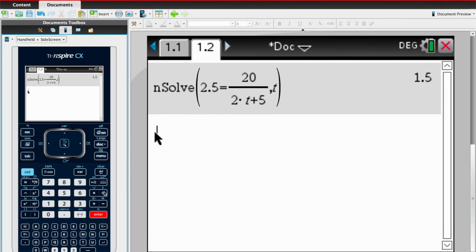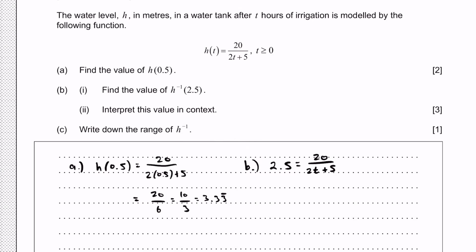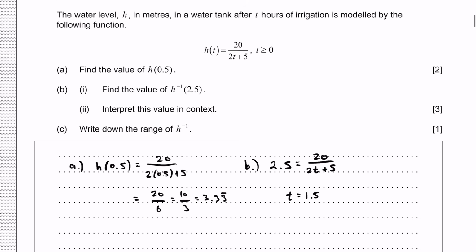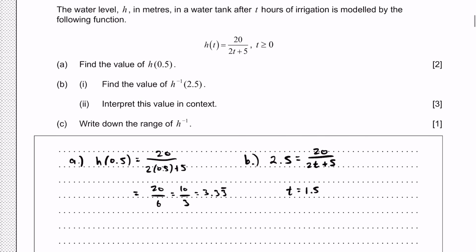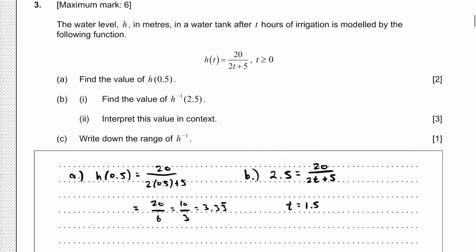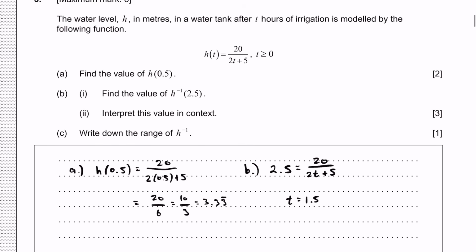So the answer is 1.5. So let's go back to the document here. t is equal to 1.5. All right. So I guess we could include our units here, and that might actually help us for the second question. This is 1.5 hours.